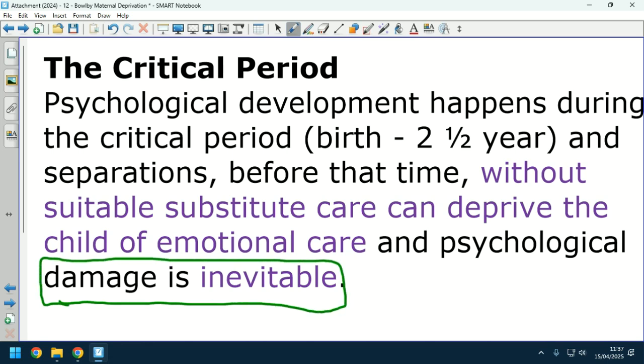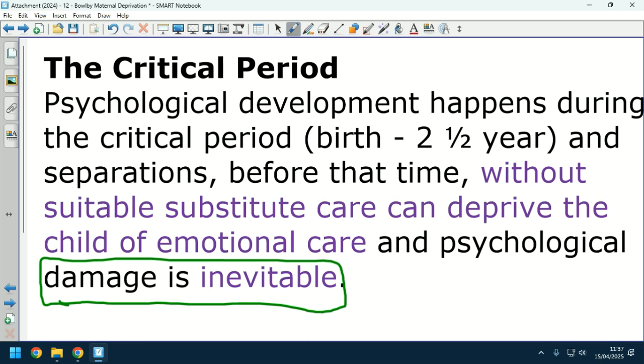So he's saying that basically, if the child has this care taken away from them, if they're deprived of emotional care, the damage is going to be inevitable during this critical period from birth to 2.5 years.